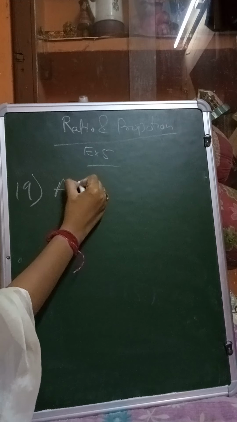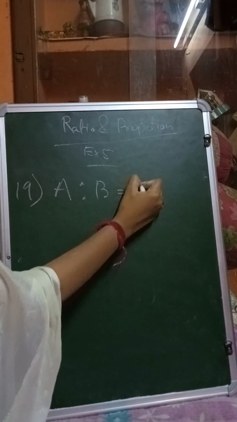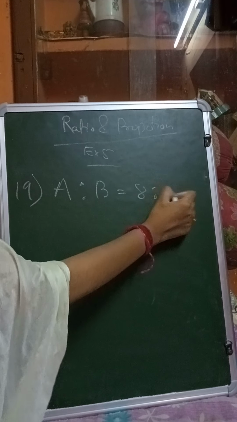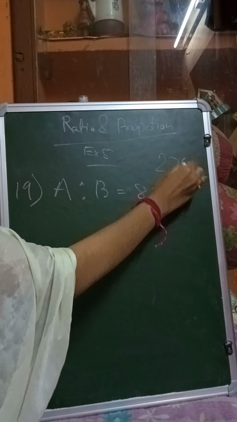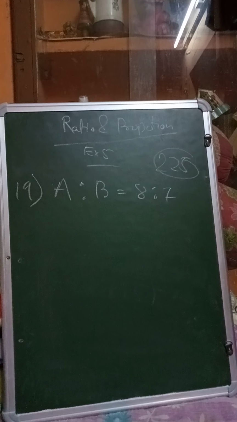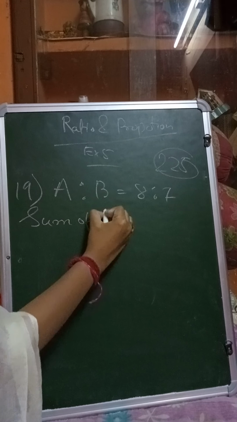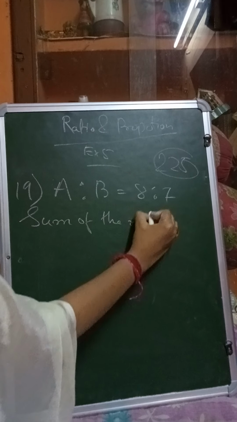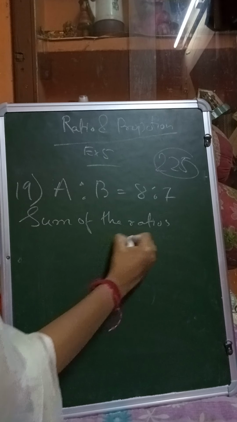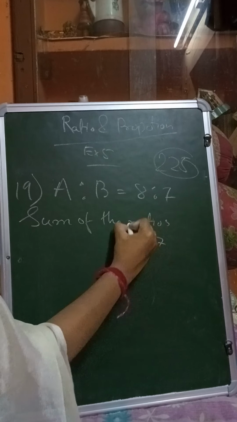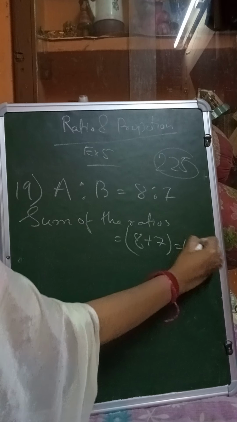In sum number 19 it has been said: divide 225 between A and B in the ratio 8:7. So the ratio of A to B is 8:7, and we have to divide 225 among A and B. So we will take the sum of the ratios of A and B, which is 8 plus 7, that is 15, right?